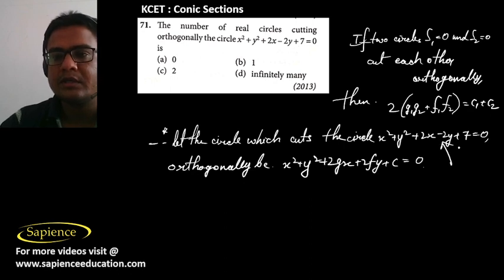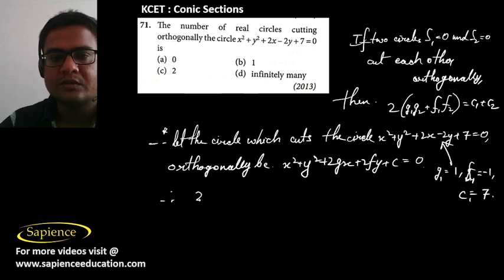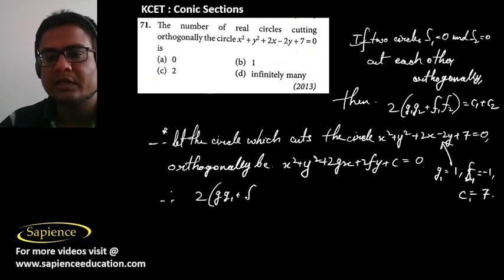So here g1 is 1, f1 is minus 1, and c1 is 7.